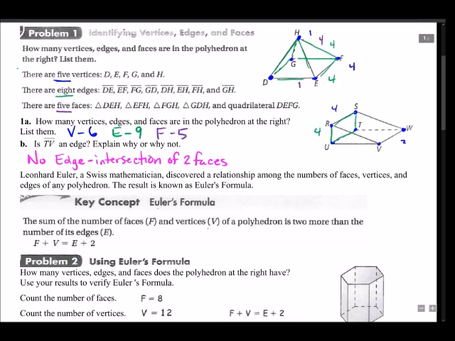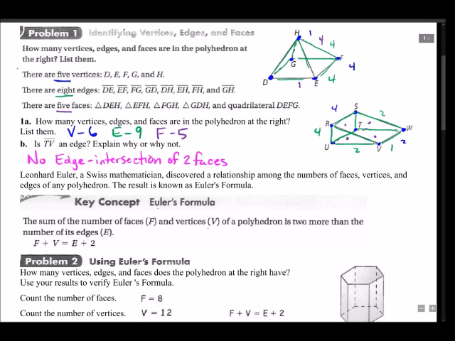And then on the front, I've already counted the one on the left, so it's just 1, 2 there. On the back, it's the same thing, 2 there. And then one more on the front. That gives us 9. And then faces, we have 1 in the back, 1 on the left side, back, front, and then the bottom, and then this top. So that gives us 5 faces.